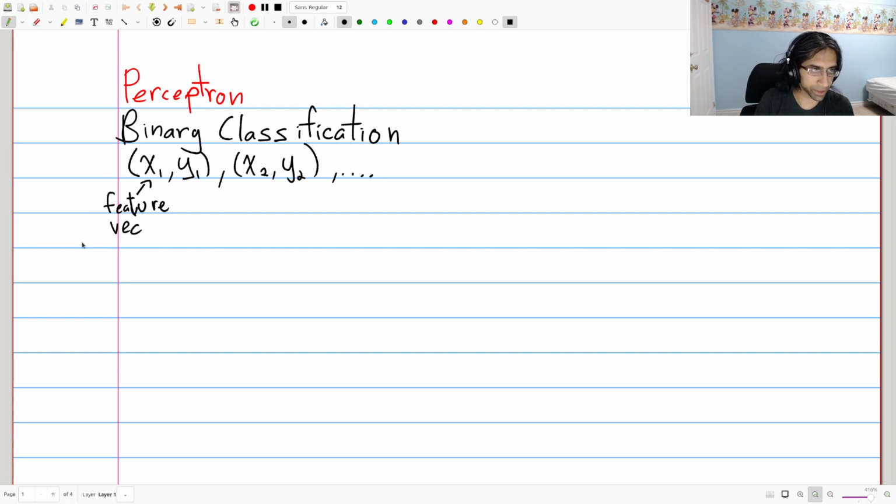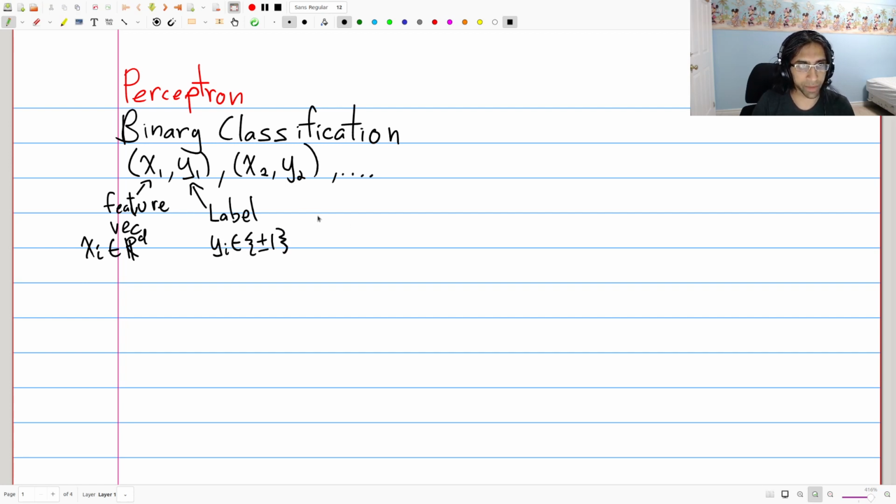And these are each going to be, say, d-dimensional, just to pick some dimension. They're going to be in R^d. And we're also going to have labels. So these labels, since this is binary classification, we're going to have that y_i is in plus minus 1.